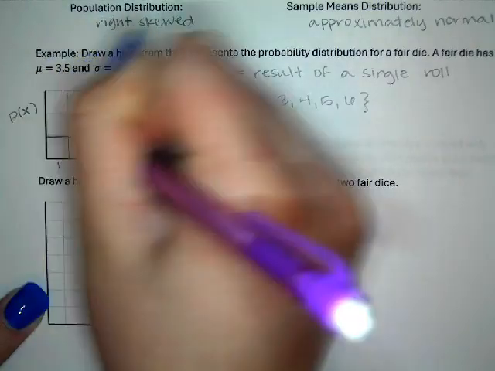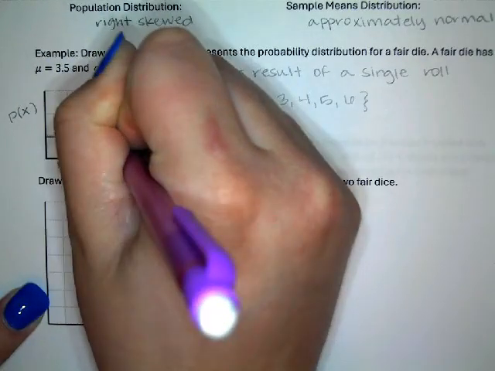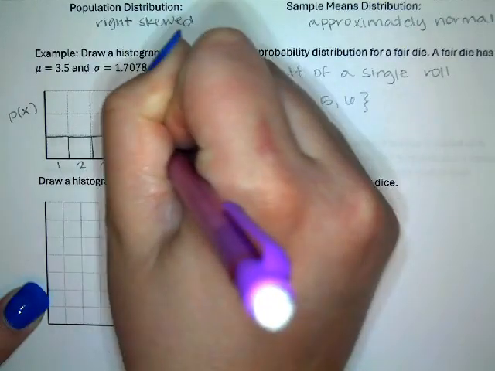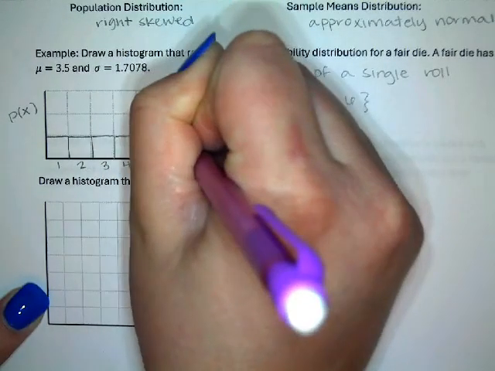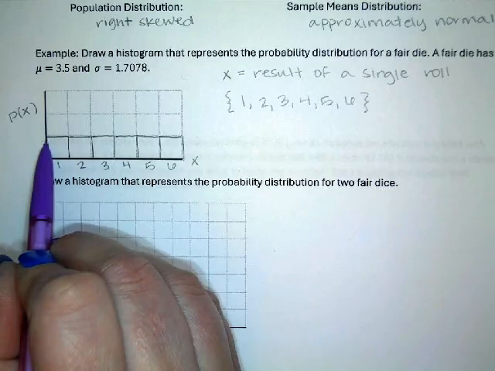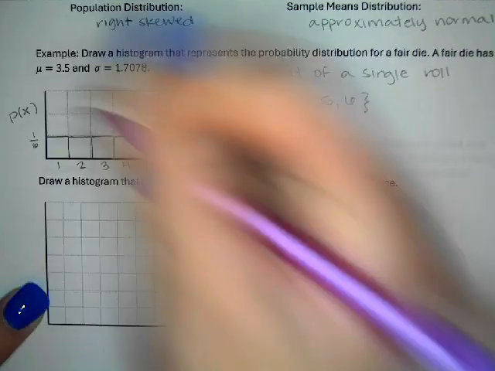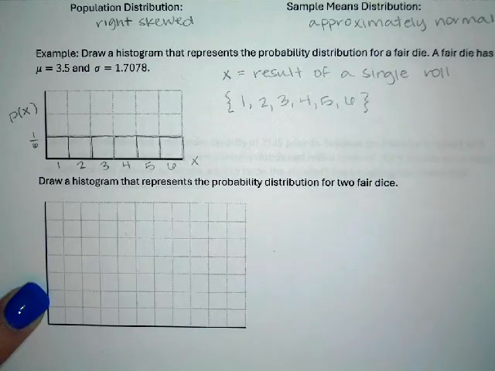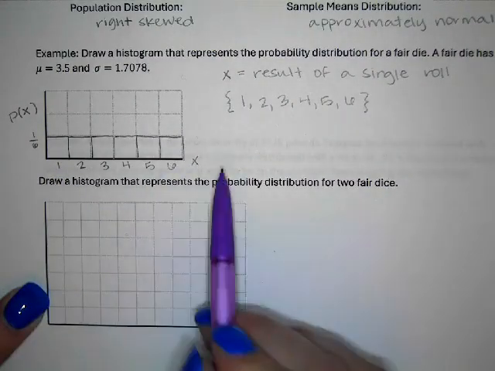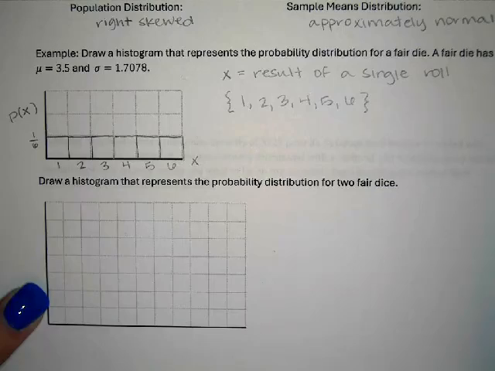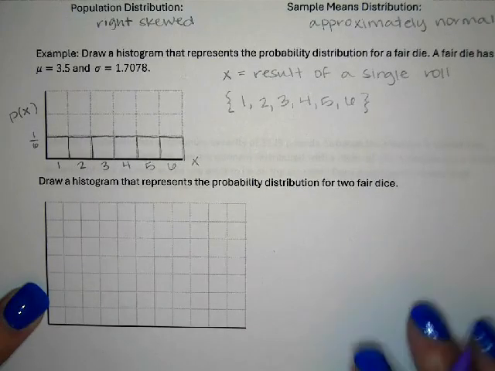So here's what our histogram looks like. And so the probability that we roll each of these numbers is 1 out of 6. A die would be 6-sided. Each of the numbers has a probability of 1 out of 6 of being rolled on a single roll.